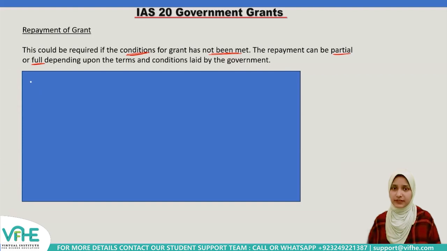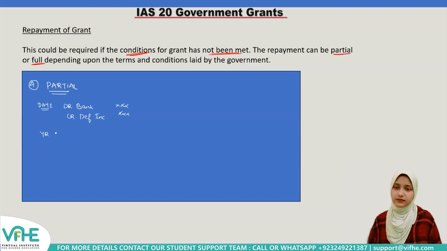First let me take situation A, where it's partial. Now in case of partial, the first entry that you set up on day one, when you receive the money, is a debit to bank and credit to deferred income, till you don't deserve it, whatever the amount.